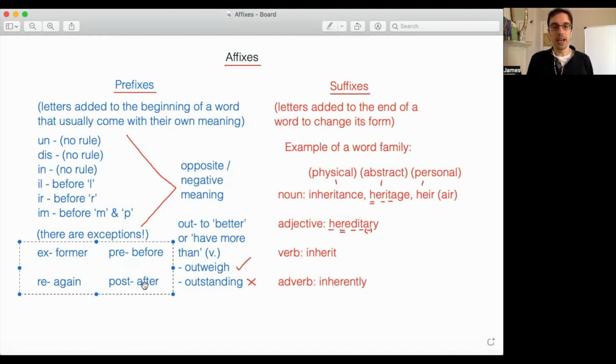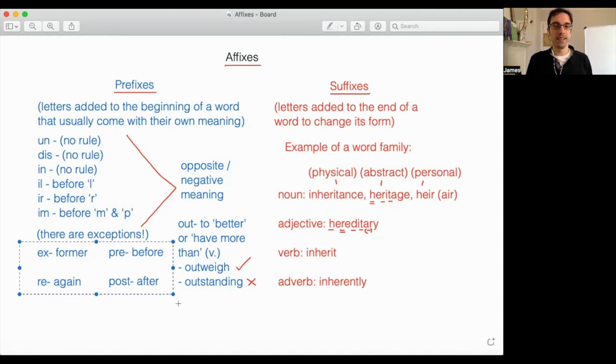The examples I have here are pre and post. A lot of these letters actually come from Latin. So whenever we use prefixes and even suffixes, we generally make more Latin-based words, which are more formal in the English language. And so if you can use a few of them on the exam, this will look quite good.